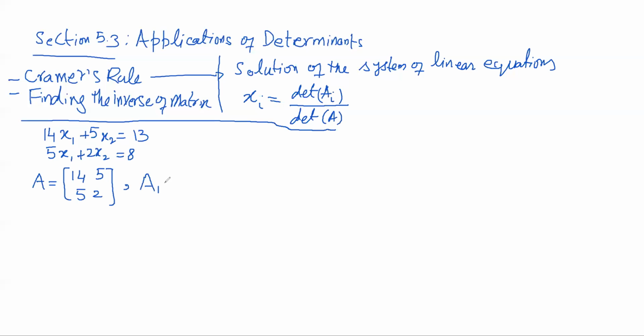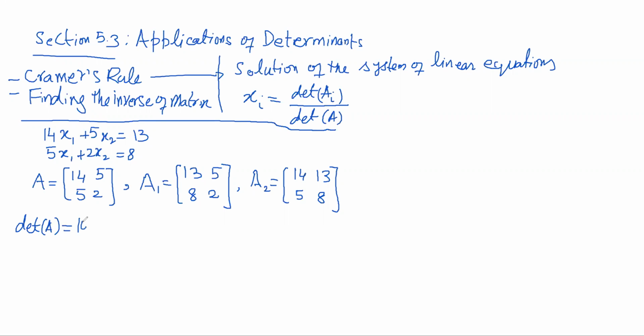Matrix A1 will be the same as matrix A, but the first column will be replaced by the terms on the right hand side: 13, 8, 5, and 2. And matrix A2 likewise will be the same as A, but the second column will be replaced by the terms on the right hand side: 14, 5, 13, and 8. And then the next step will be to find the determinants of these matrices.